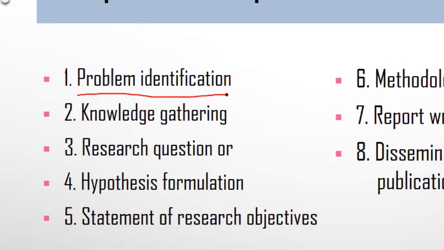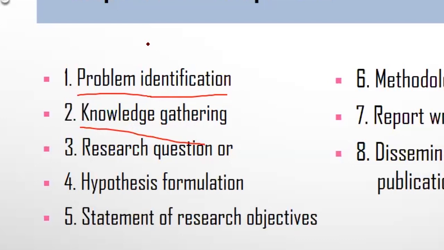When the researcher has already identified his problem area for research, then he or she must go through a literature review on that particular problem area to have proper knowledge on that issue.